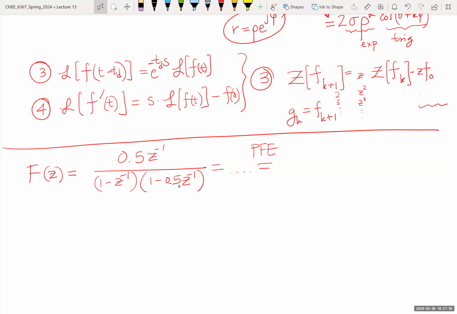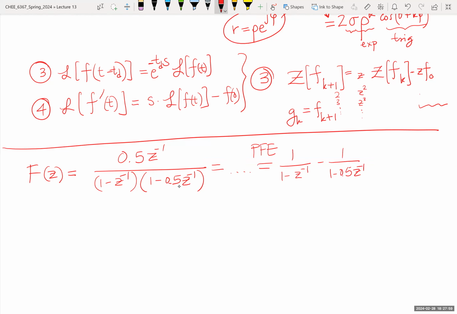Which is easy. Well, I'll do the same. I'm not going to do it again because it's fairly straightforward. So 1 over 1 minus z inverse minus 1 over 1 minus 0.5 z inverse. And then you can confirm that if you put those together, you get the result you want.